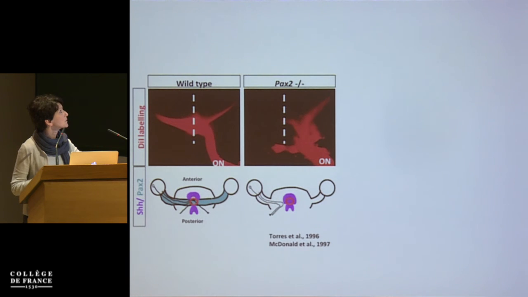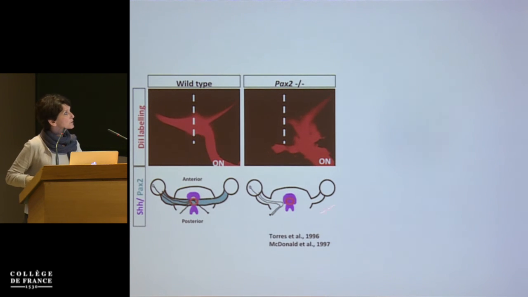This is a tracing in a mouse of the outgrowth of retinal ganglion cell axon from the nerve to the chiasm region, where in mouse most of the axons cross to the contralateral side, but a small percent of fibers instead remain ipsilaterally and grow in the ipsilateral optic tract. In PAX2 mutant, where sonic hedgehog expression is continuous in the midline, this doesn't happen, and most of the axons actually grow on the ipsilateral side.